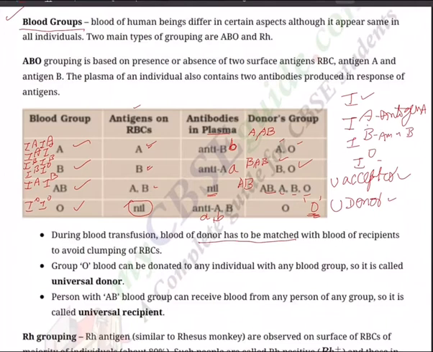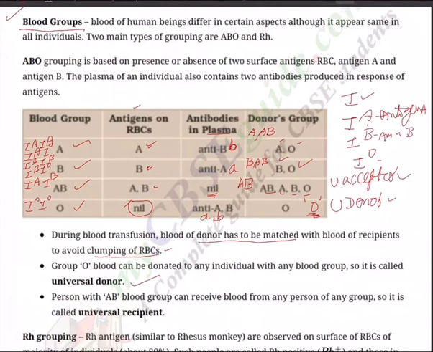The blood donor has to be matched with the blood of the recipient to avoid clumping of RBCs. Group O blood can be donated to any individual with any blood group, so it is called the universal donor. A person with AB blood group can receive blood from any person of any group.